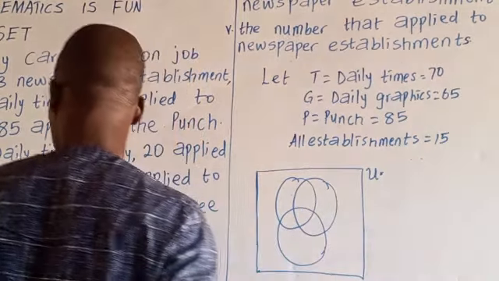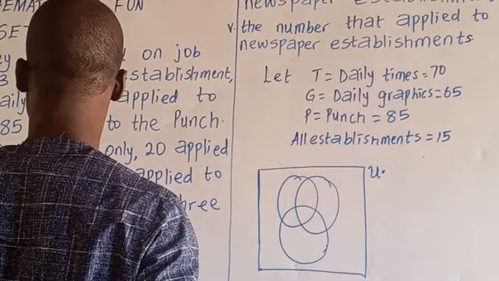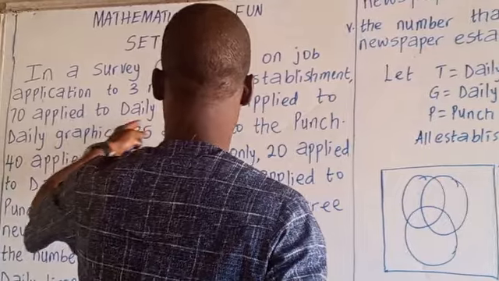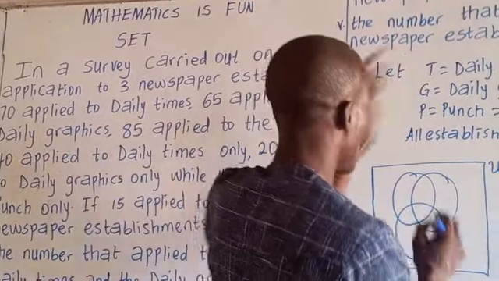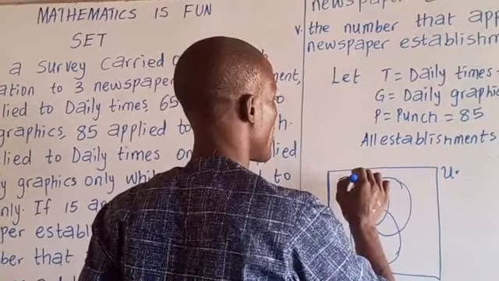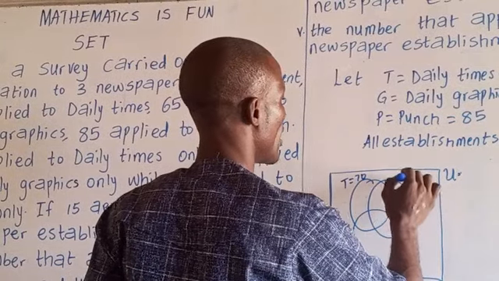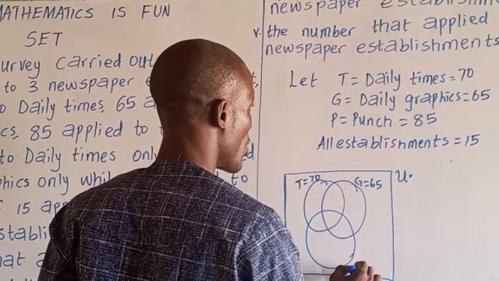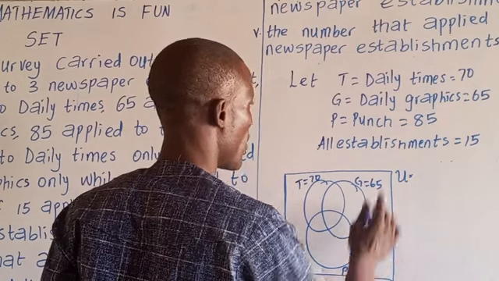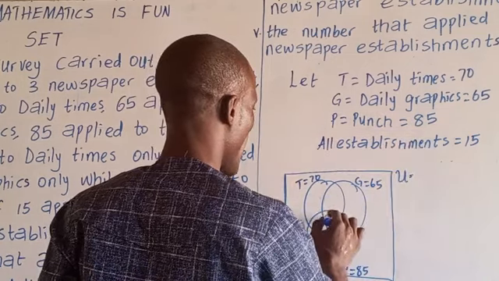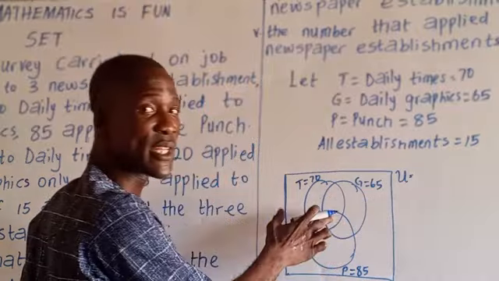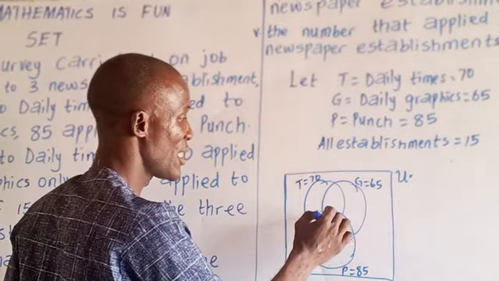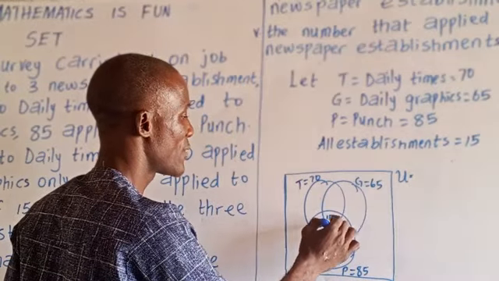Now, we have been told that Daily Times we have 70, Daily Graphics we have 65, Punch we have 85. This place is going to represent all establishments. Here we have 15.